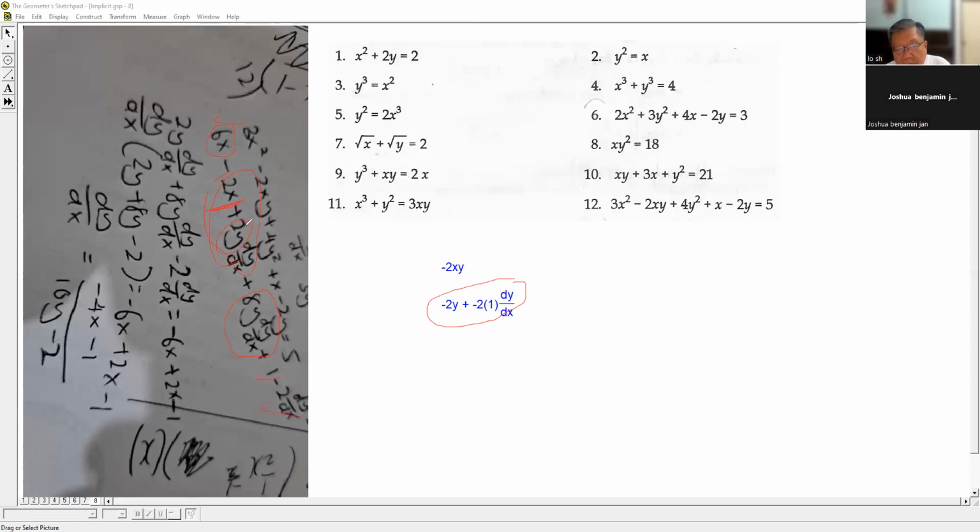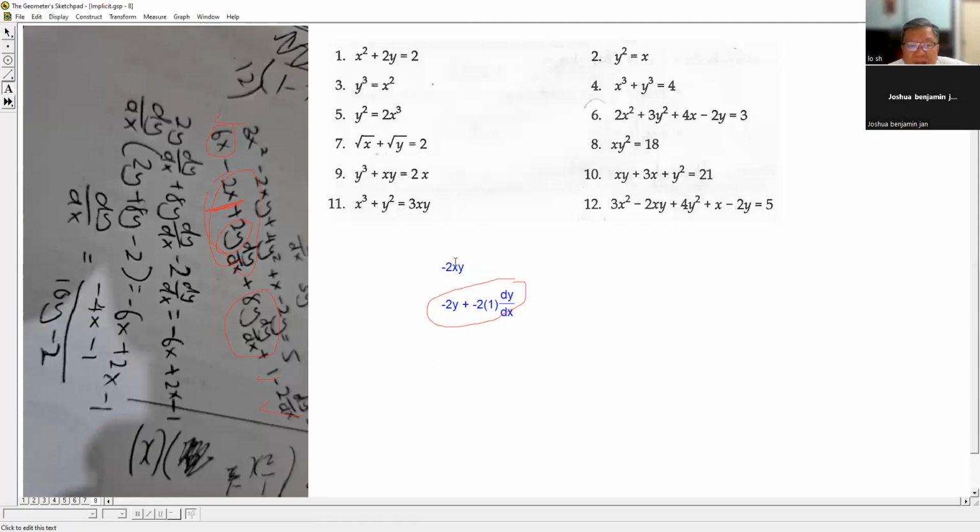So when you differentiate using the product rule, you must know which one you differentiate, which one you keep. In the first case, you differentiate the x, you keep the y. Right? In the second case, oh, sorry, there's a mistake there.